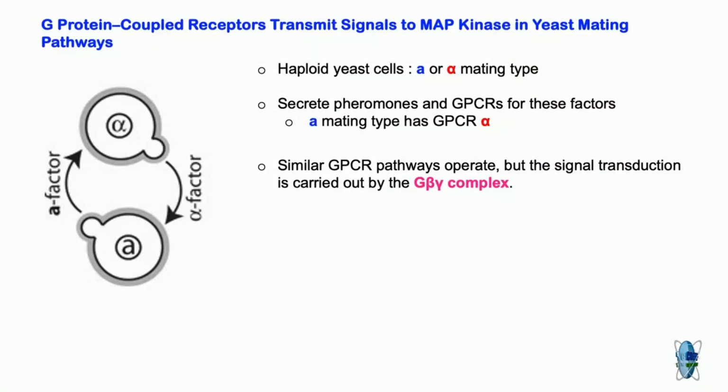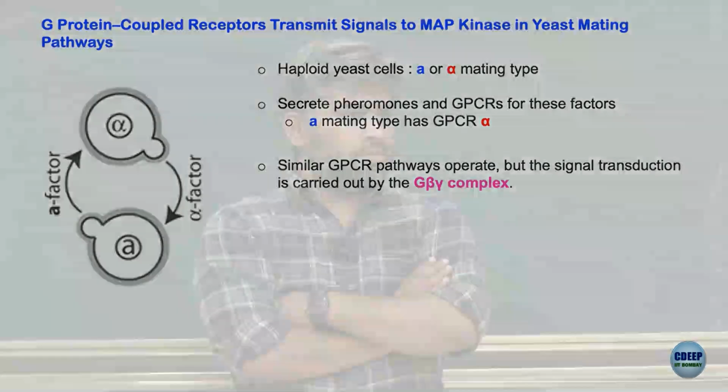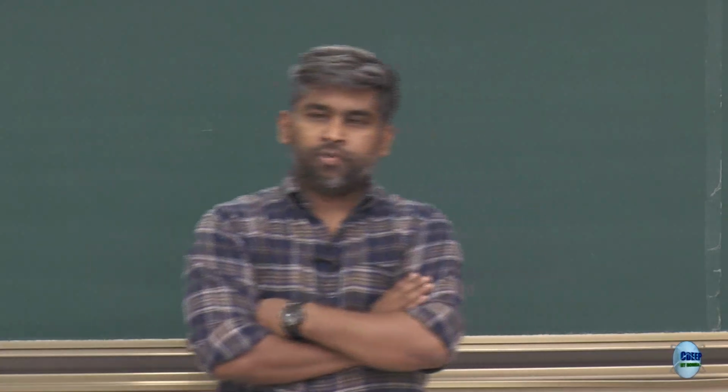Something to make a note of, which I missed to label over here. Do you remember what happens in a typical GPCR signaling? Whenever a ligand binds to a GPCR, a conformational change happens and activates the G proteins, G alpha and G beta gamma.